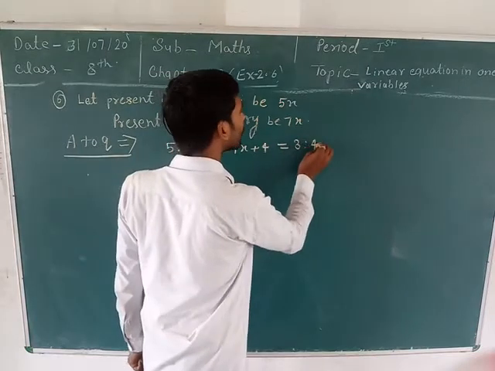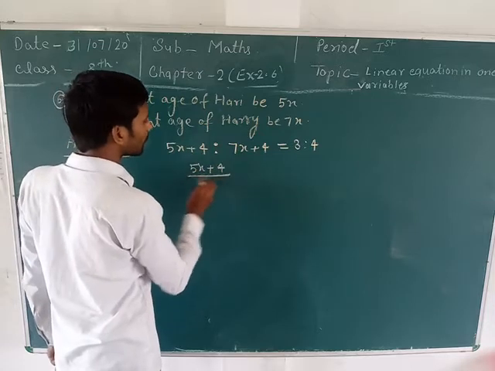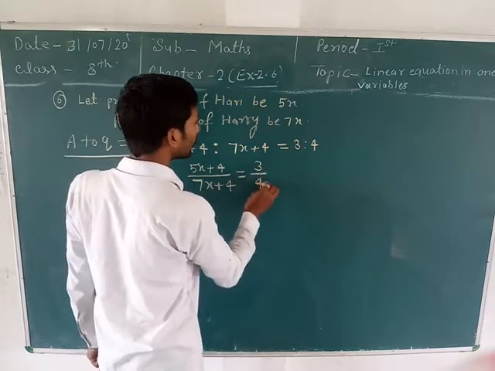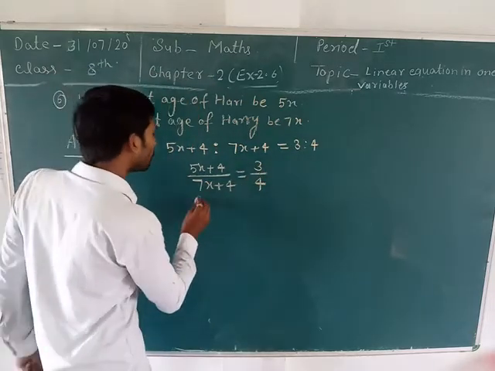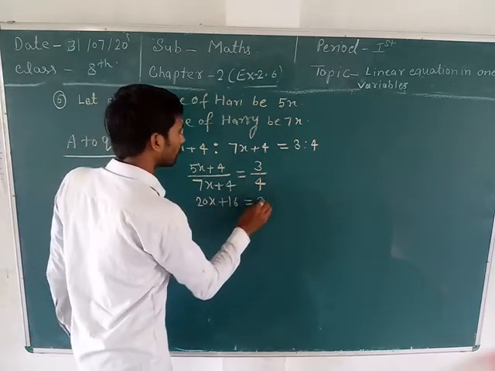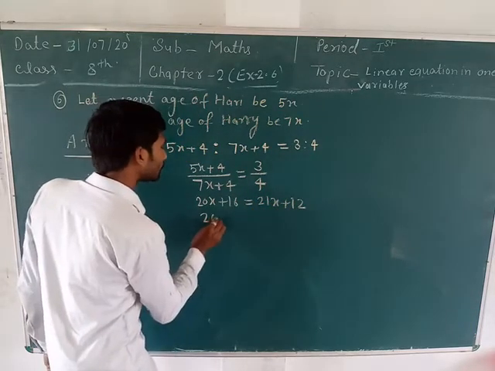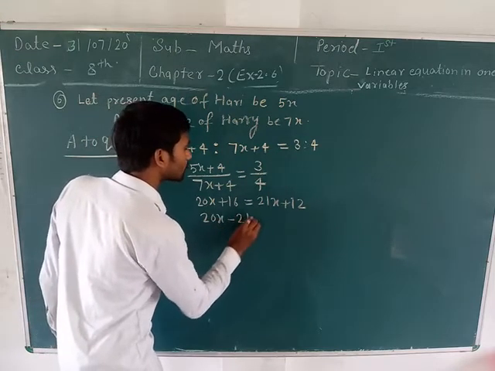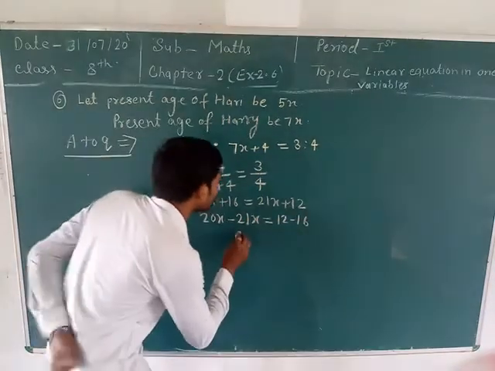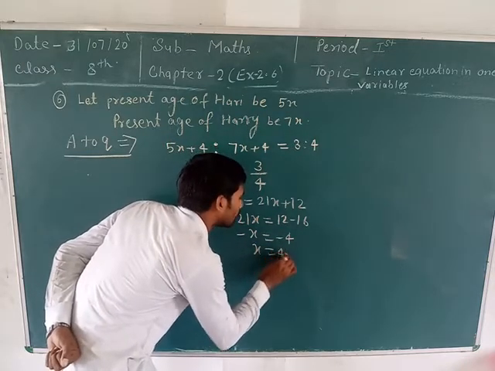So we can write (5x plus 4) upon (7x plus 4) equal to 3/4. Then by cross multiplication we have 20x plus 16 equal to 21x plus 12. Then by the transferring rule, 20x minus 21x equal to 12 minus 16. Then minus x equal to minus 4. Then x equal to 4.